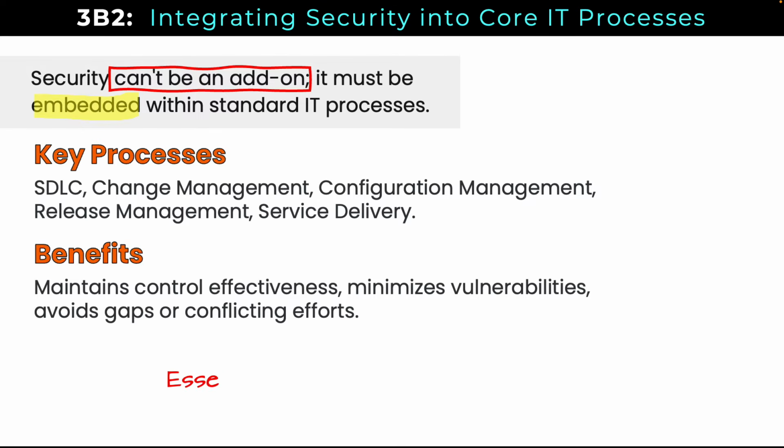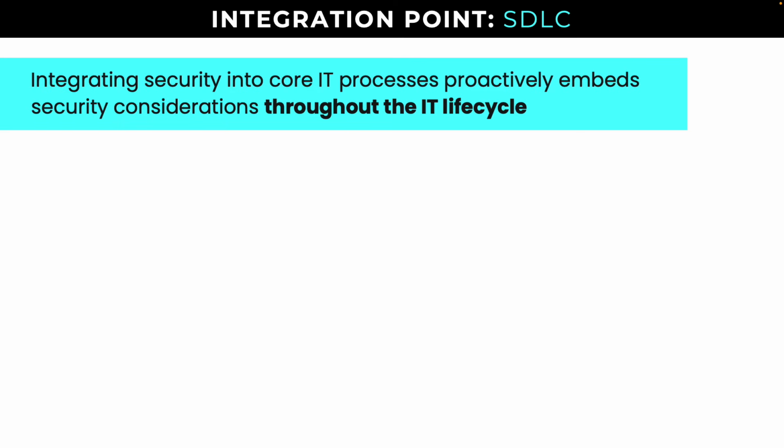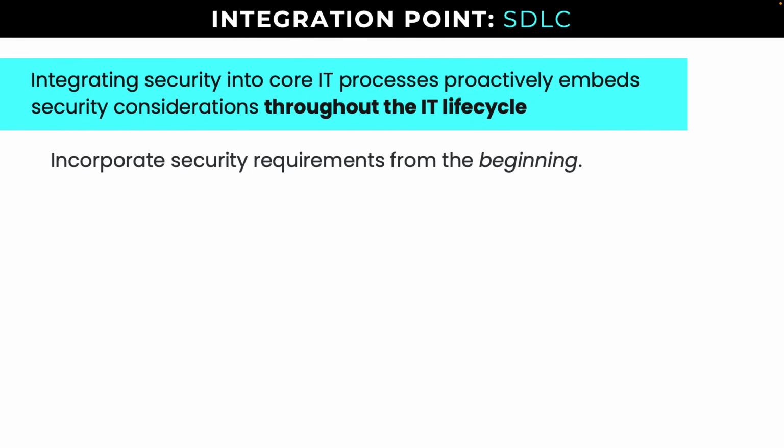But essentially, this is what we'd call a shift-left approach, where we make sure that security is not an afterthought. It's integrated throughout the process, because at the end of the day, that's going to be less expensive and less disruptive. But the point of integrating security into core IT processes is to proactively embed security considerations throughout the IT lifecycle. And that means incorporating requirements from the beginning.